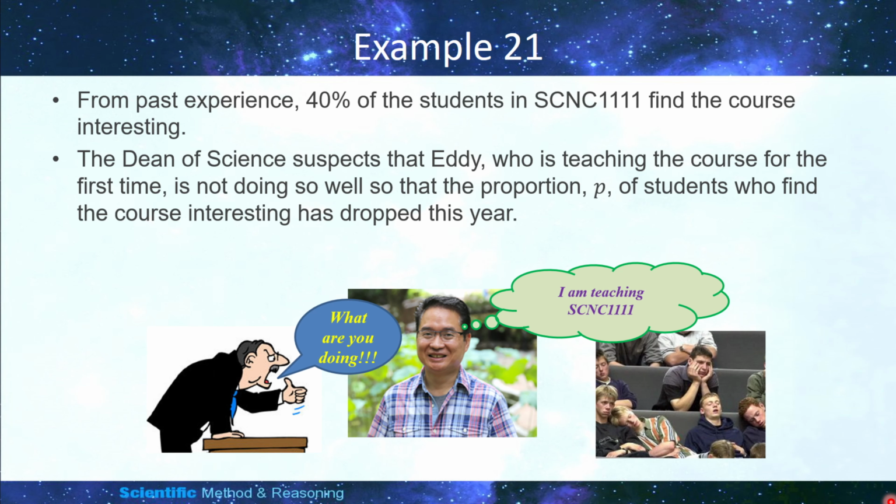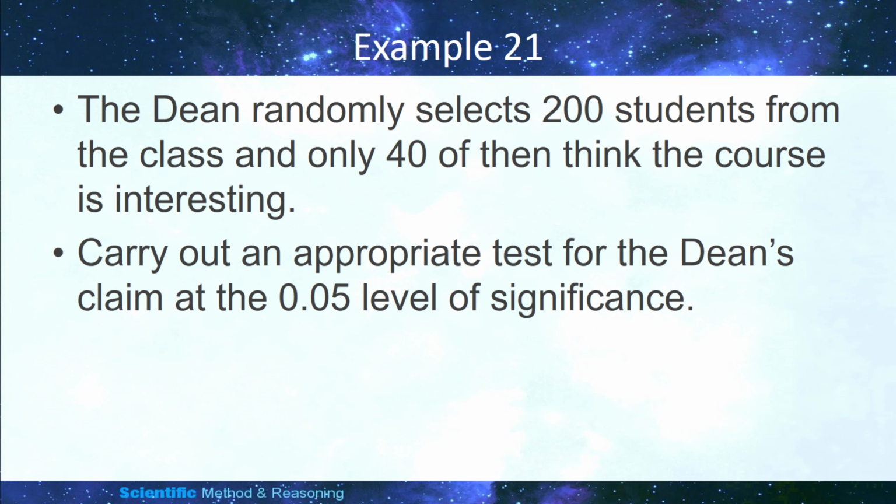The Dean randomly selects 200 students from the class, and only 40 of them think the course is interesting. Carry out an appropriate test for the Dean's claim at the 0.05 level of significance.